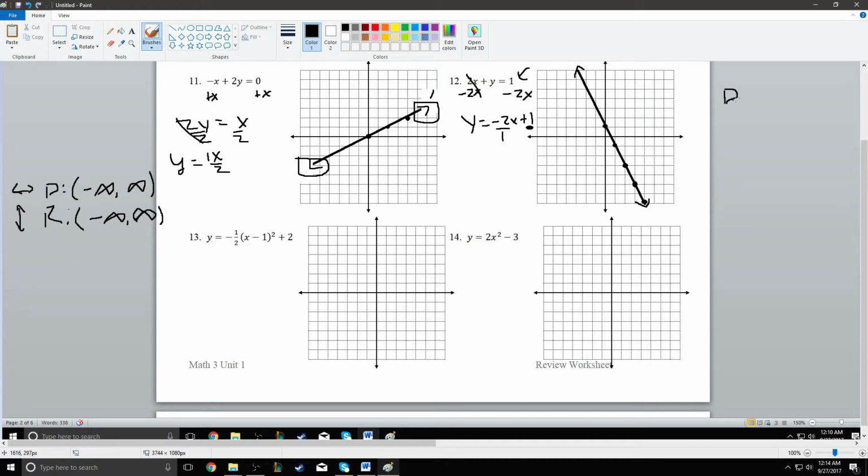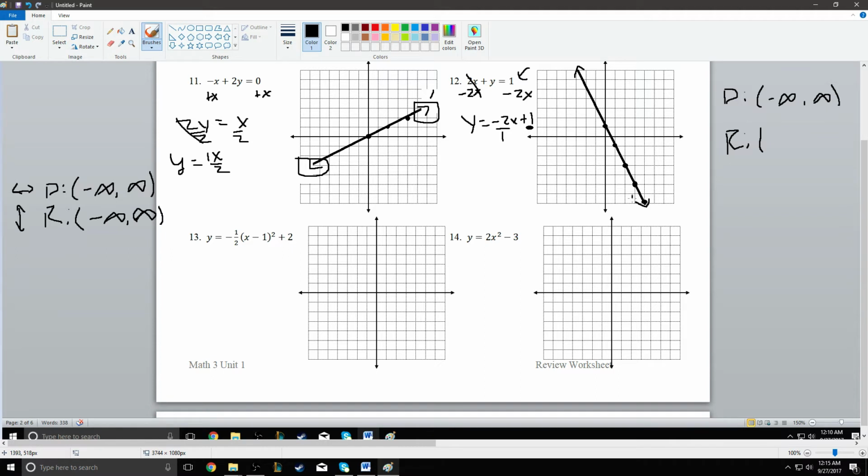So for this one, domain and range. Domain's left and right. The leftmost part of our function, it's an arrow. So that goes negative infinity. The rightmost part of our graph, it's another arrow. So that goes to positive infinity. The range is up and down.